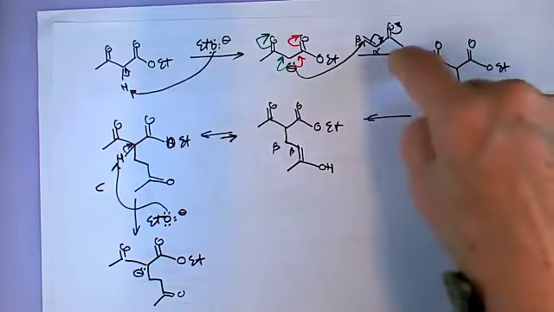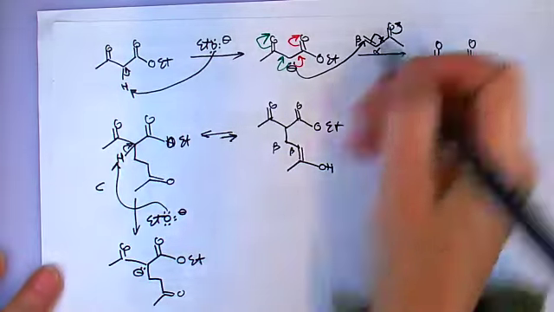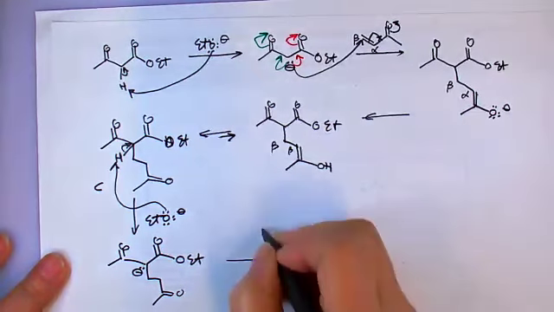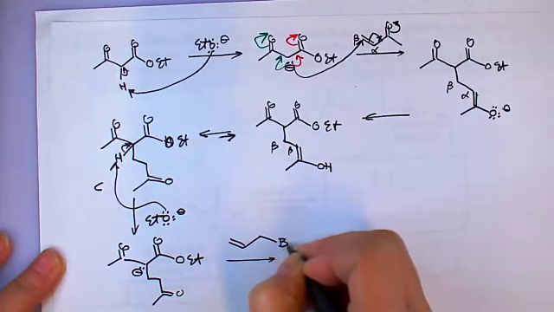So we're going to have another alpha, beta unsaturated molecule. Well, it's not quite that molecule, but we're going to see that we have a good leaving group. So here we go. This is that.